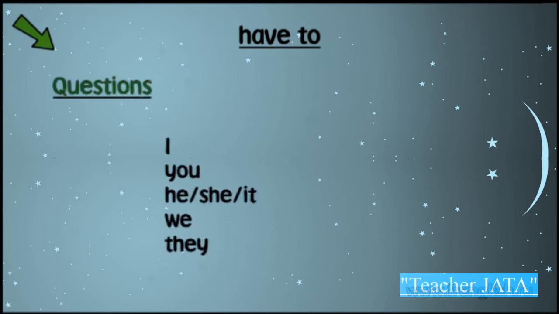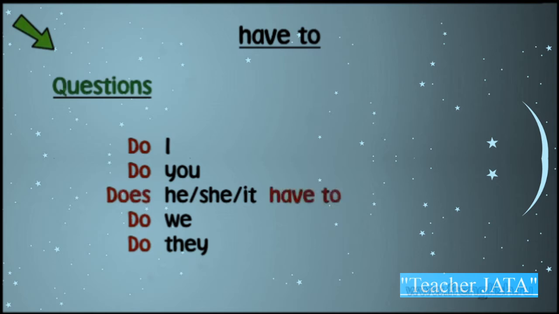To form questions, we use do with I, you, we and they, and does with he, she and it. We use have to with all subjects and the infinitive form of the verb.